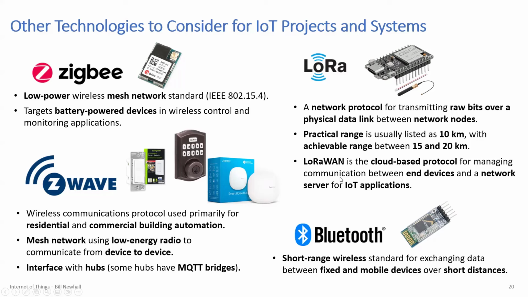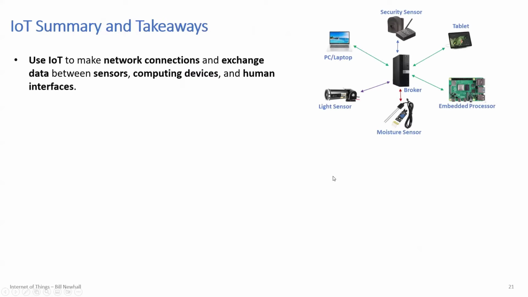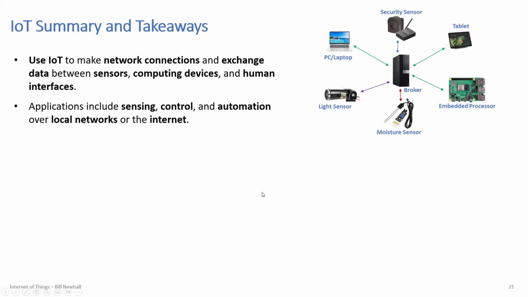Okay, so to summarize IoT and give you some takeaways. So IoT is there, it's available to make network connections fairly easily between sensors and computing devices and human interfaces. And so you can add remoteness to your projects.